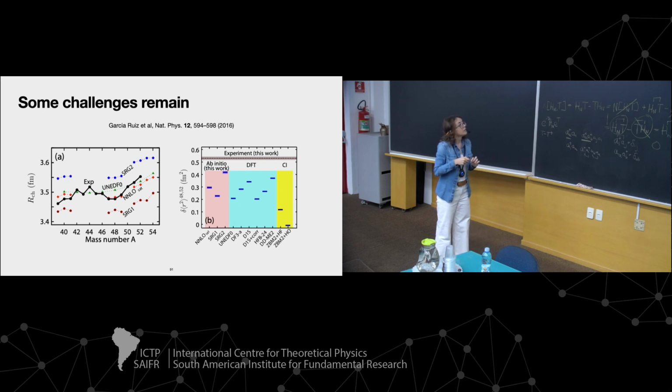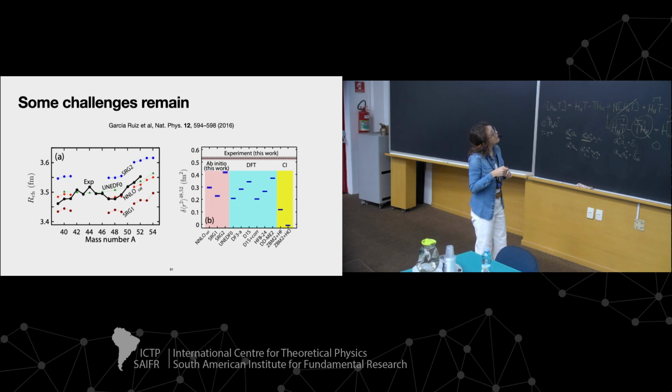If we have a difference between calcium-48 and calcium-52 given by experiment, which is up here, you see that ab-initio, coupled cluster here, all the interactions which are used are predicting a lower difference, so a less pronounced kink.